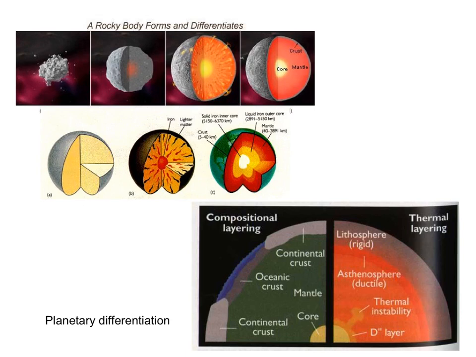The more that you have material coming in, the more it's going to heat up. So, the Earth is going to have heated up more in its past than Mars, because Earth is a larger planet. And you heat up this material enough, and it's going to melt.